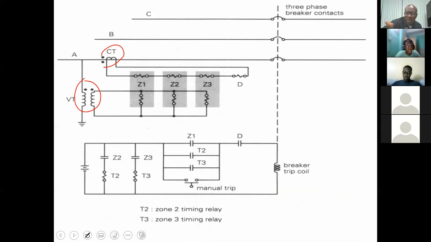Okay? Because all three are on the same device. The zone 1 coil, the zone 2 coil, the zone 3 coil. All right? Now, based on what you are seeing before you, you recognize that all three of them would experience the fault at the same time.